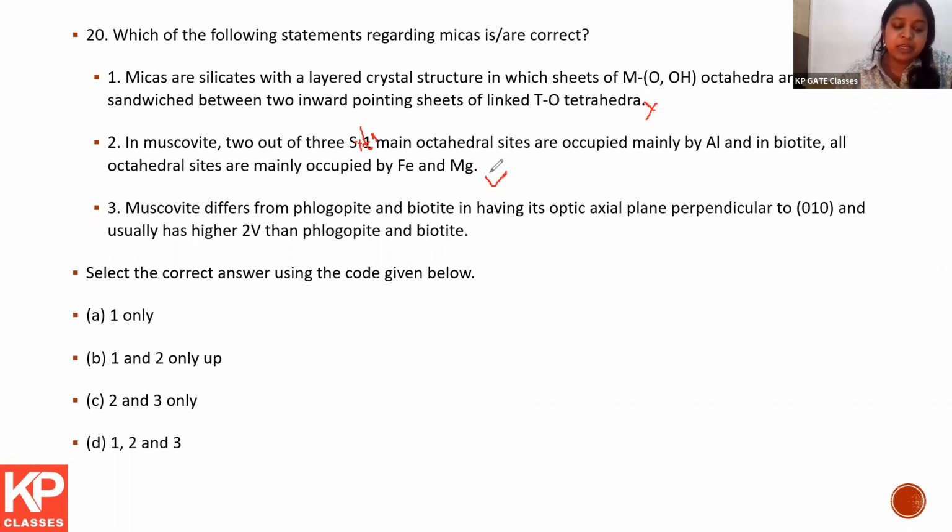Then the third statement: muscovite differs from phlogopite and biotite in having its optical axial plane perpendicular to 010, and usually has a higher 2V than phlogopite and biotite, which is correct. So options 2 and 3 are correct. Option 1 is a wrong option. So C is the right option for question number 20. This is actually from the mineralogy section.